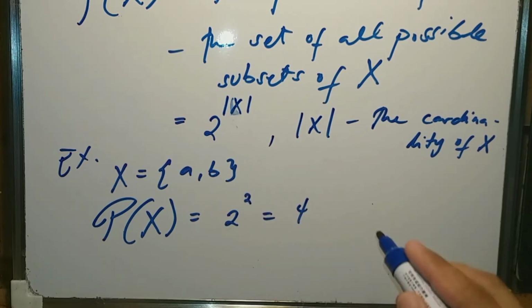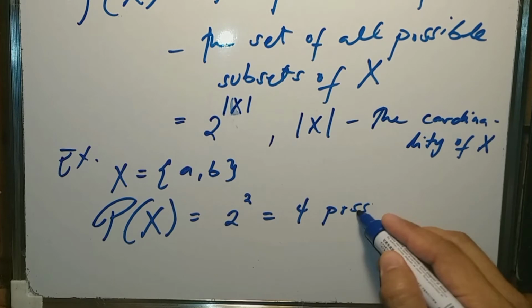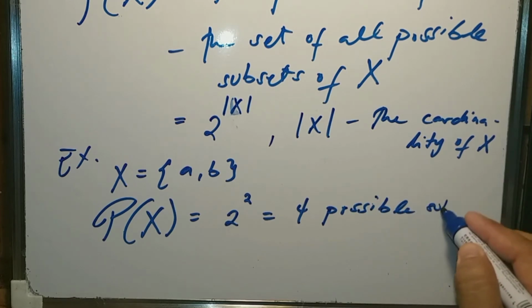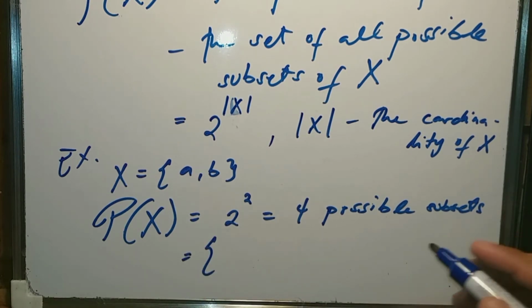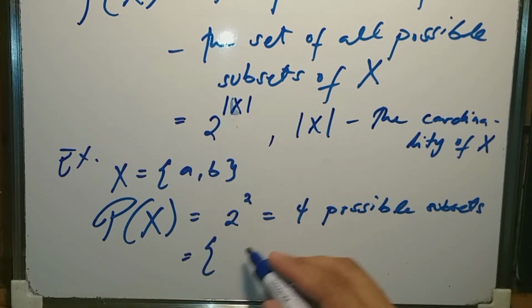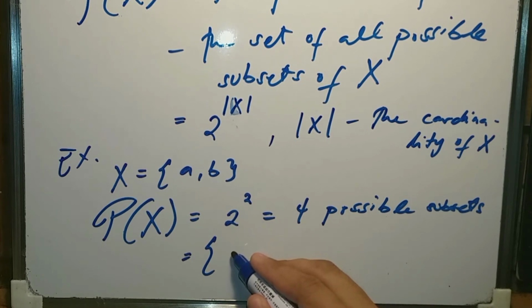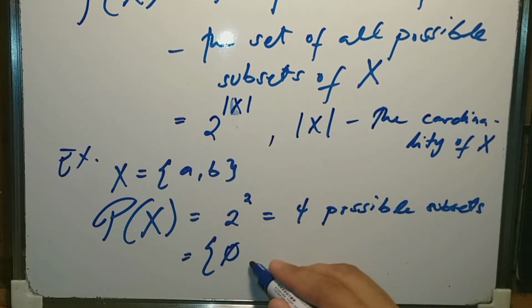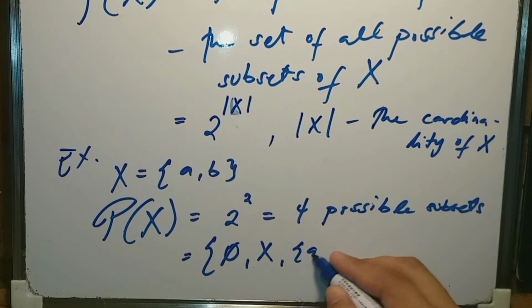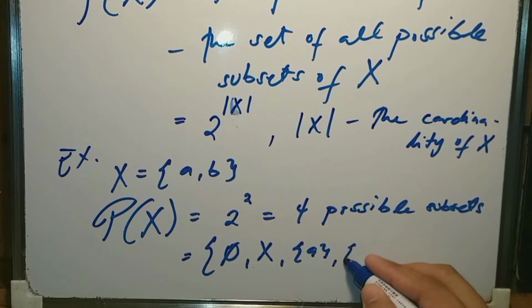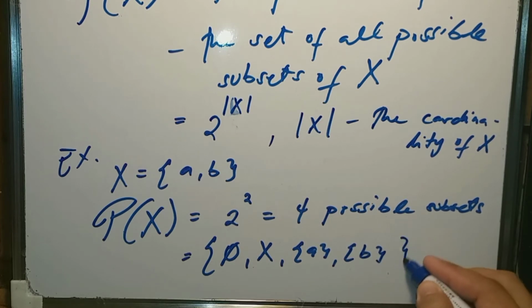So we have 4 possible subsets. So what are those? We have the empty set, the set X, the set containing a, and the set containing b.